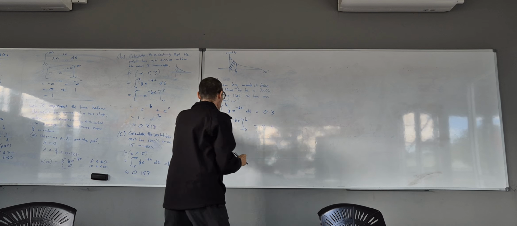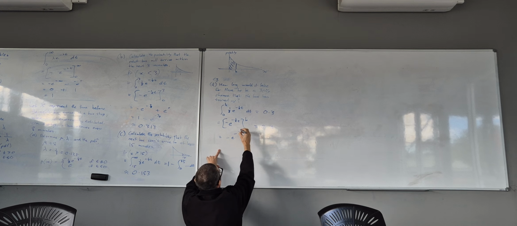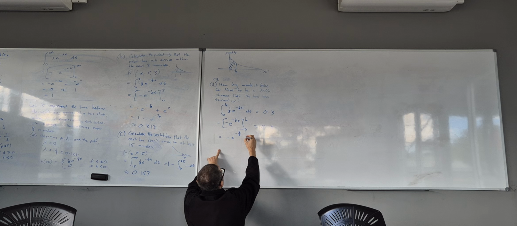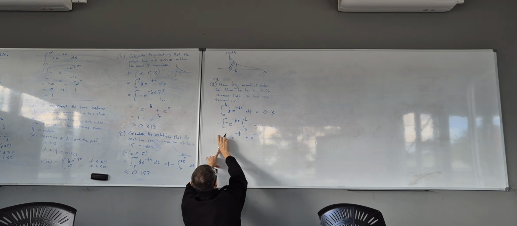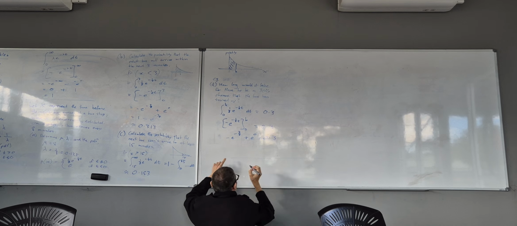Which is negative e to the negative b on 8 plus e to the 0, which is 1, equals 0.3.